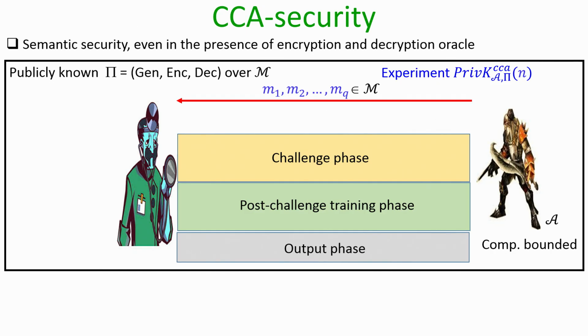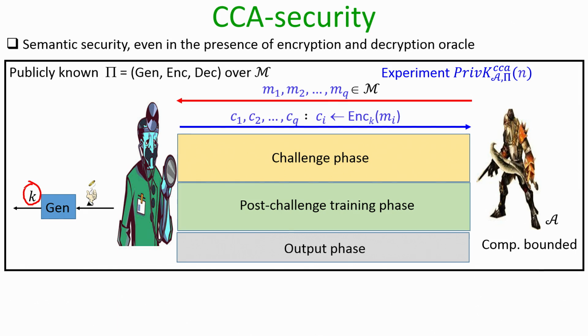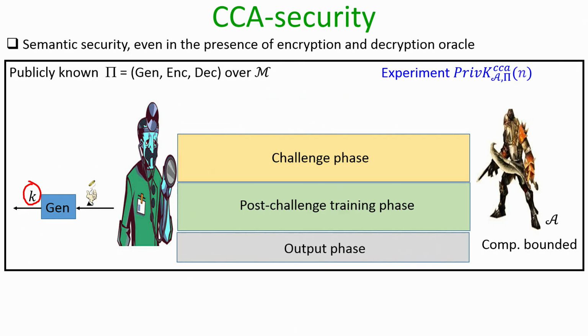That means it can adaptively submit plain texts of its choice from the message space, and in response the challenger or the experiment encrypts all those messages by running the key generation algorithm and obtaining a key which is not known to the attacker, and the corresponding ciphertexts are communicated back to the adversary. Moreover, the adversary also has access to the decryption oracle service.